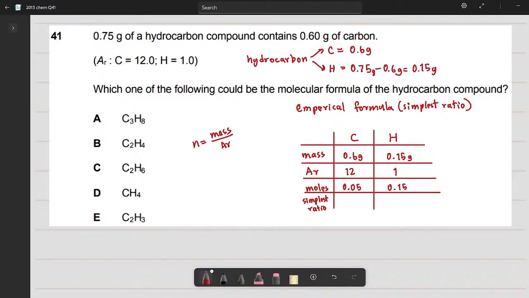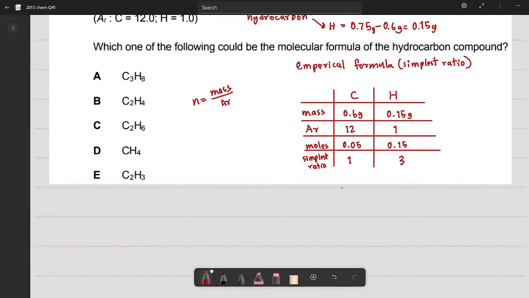So we're going to divide both by 0.05. So this will give us 1, and 0.15 divided by 0.05 will give us 3. So now from this, our empirical formula for this compound with the given masses is C1, 1 carbon and 3 hydrogens.